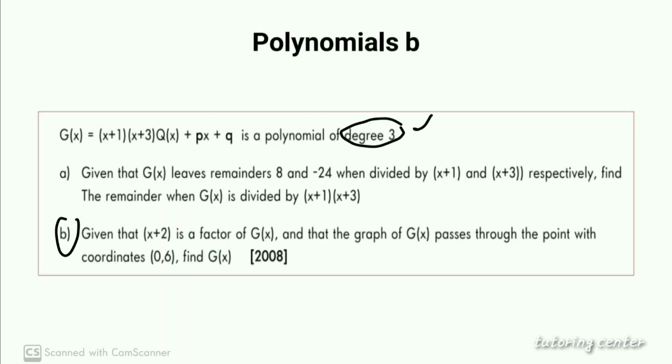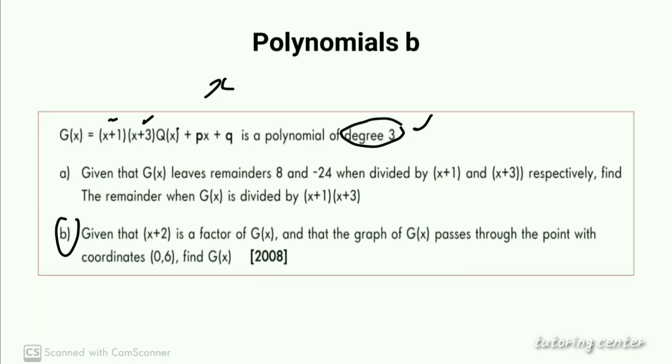Since it is of degree 3 and we have x plus 1, x plus 3 times q of x, they're asking us to look for q of x. Since the polynomial is of degree 3, it means that q of x must be an expression in terms of x only, because x here times x here is going to give x squared.